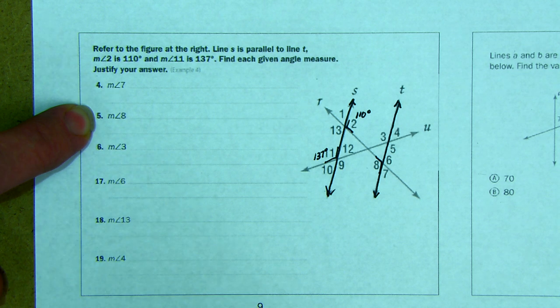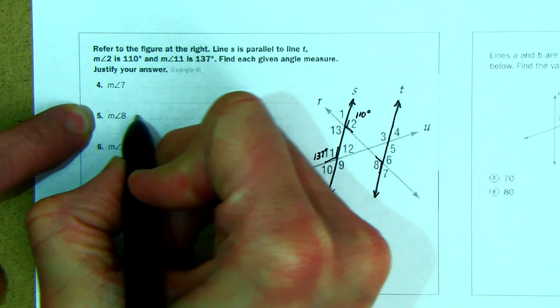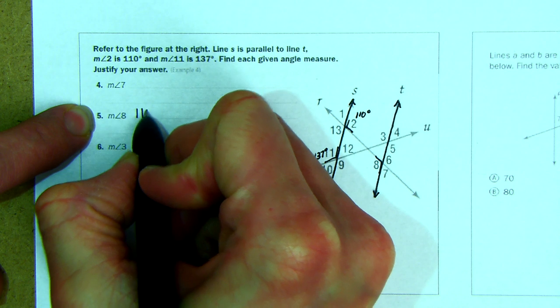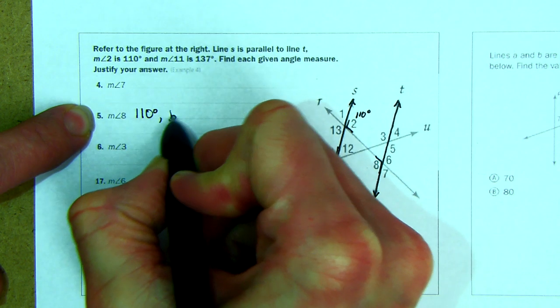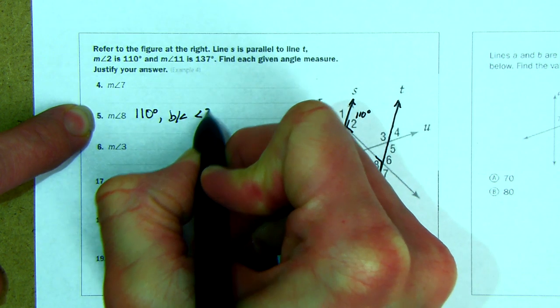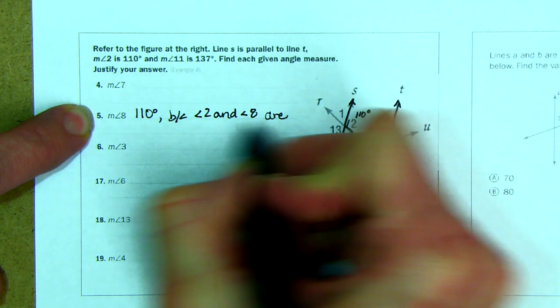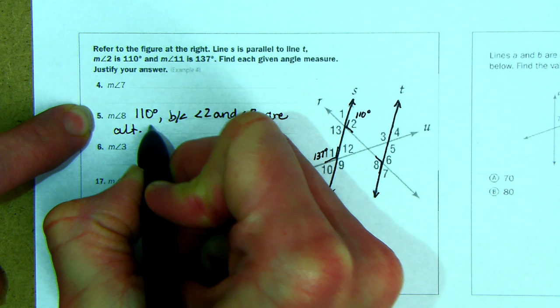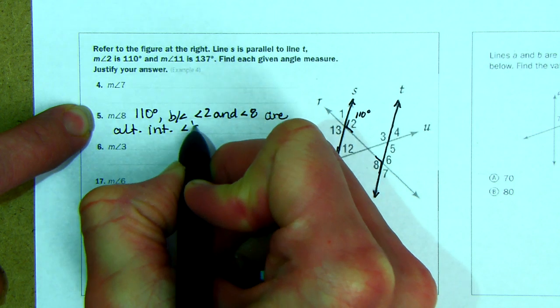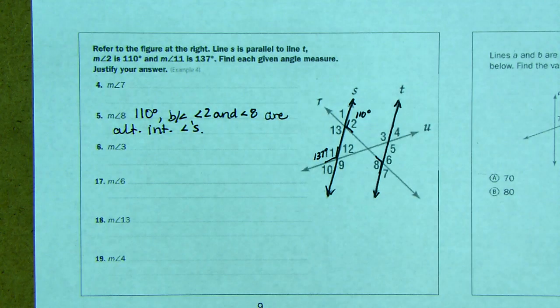So they're parallel lines, so the measure of angle 8 is 110 degrees. Why? Because angle 2 and angle 8 are alternate interior angles.